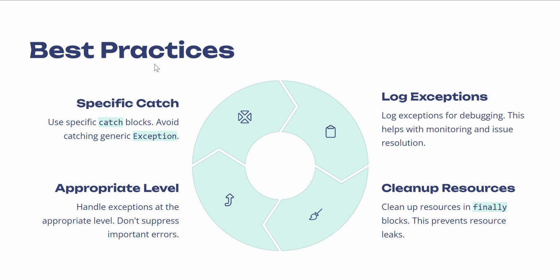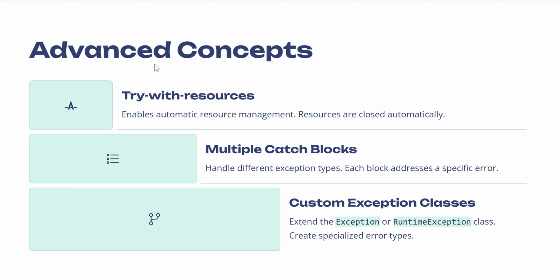Cleanup resources. Resource cleanup in the finally block is really essential. Sometimes you might think that it executes even if there's an exception, it executes even if there's no exception, but it is essential to clean the resources up and release them to prevent the resource leak, which is crucial in Java.